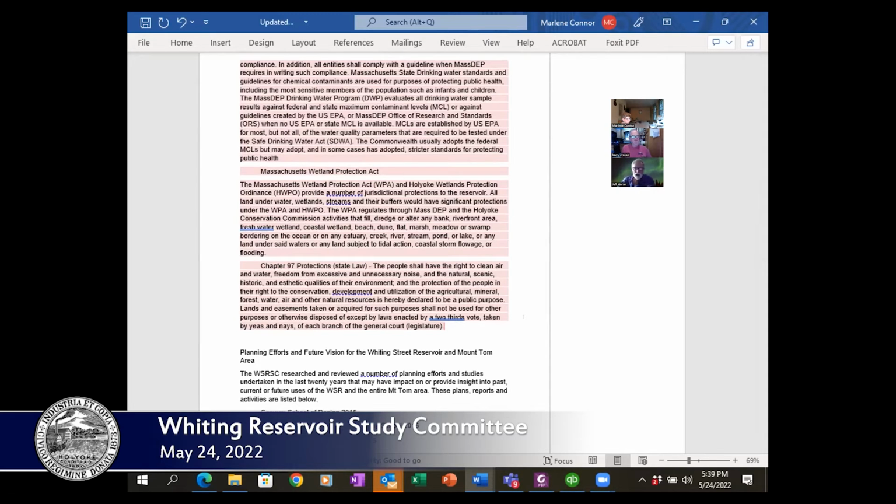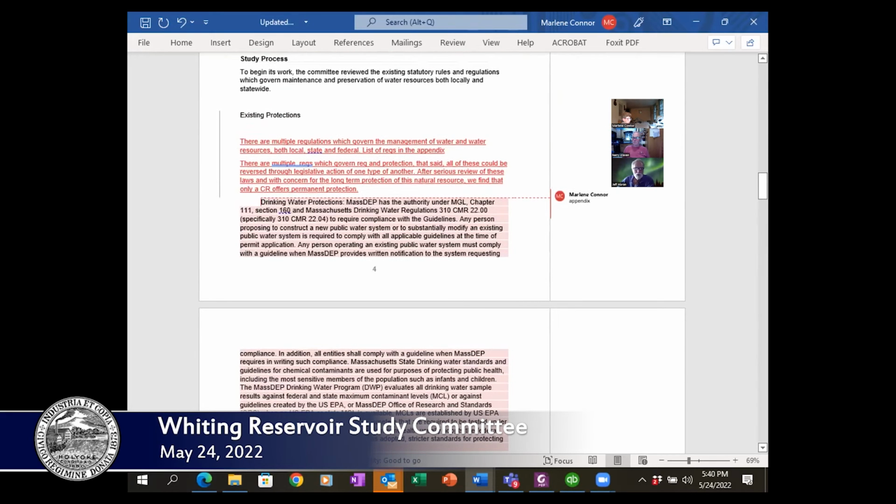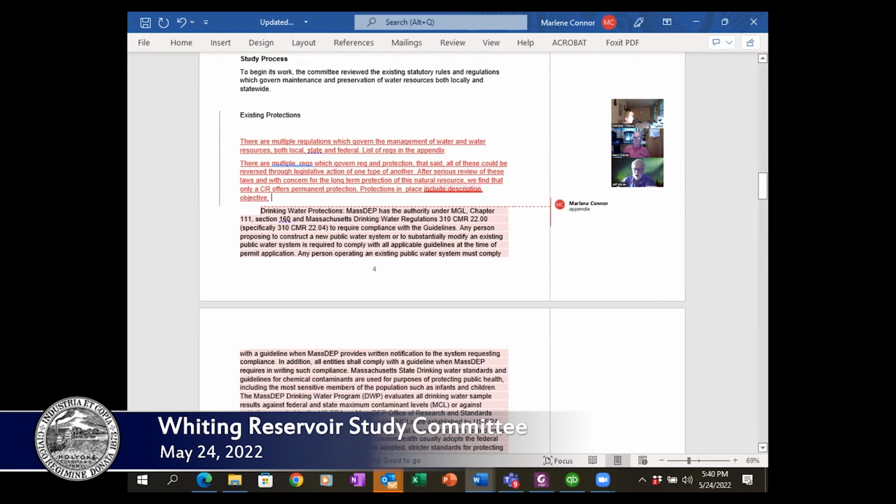I think what I'd like to see here, and maybe you guys feel differently, is that for each of these protections, these are the protections that are in place on the reservoir. Note each one: the drinking water protections, kind of the objective of the law that addresses drinking water. The same thing with the Wetland Protection Act, and the same thing with Chapter 97.